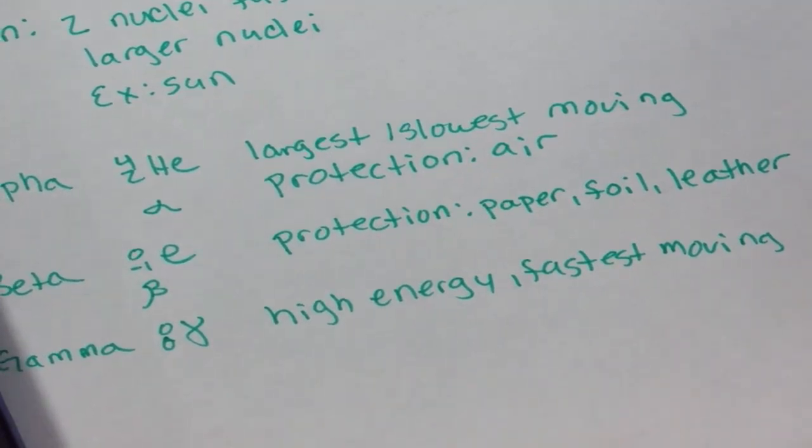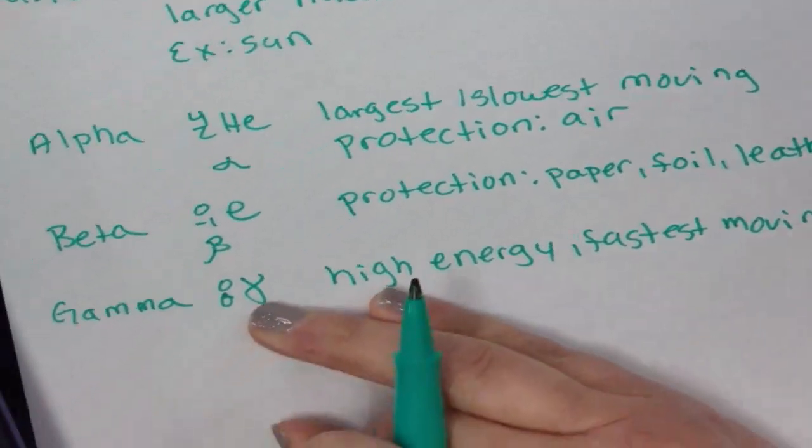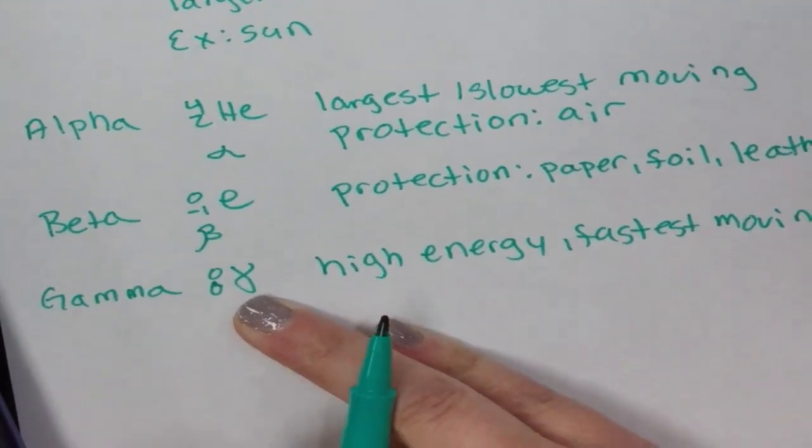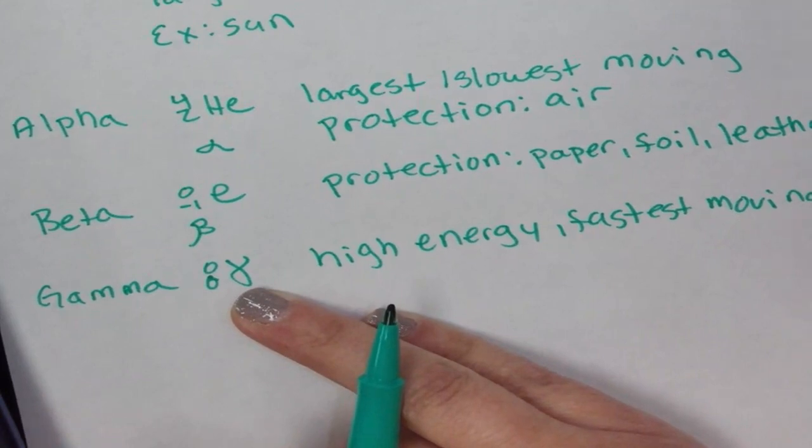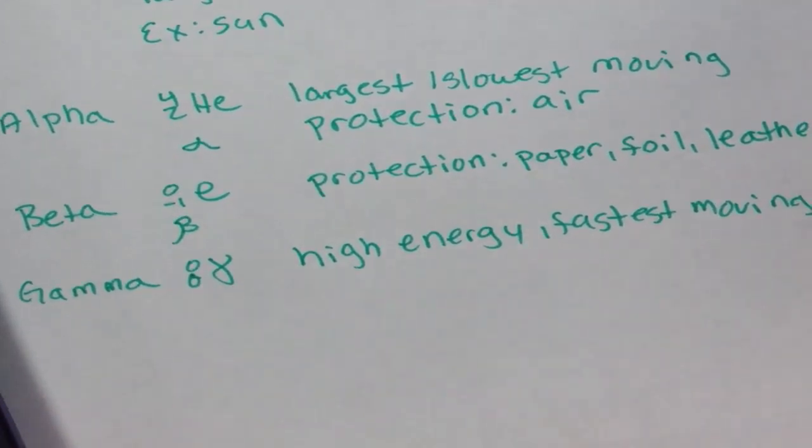If you have ever gone to the dentist, they may take an x-ray of your mouth. If you've broken a bone, they are going to take an x-ray of that bone. They will put a lead vest on you because these gamma particles are such high energy they can really wreak havoc on the system if you're exposed to too great a quantity.